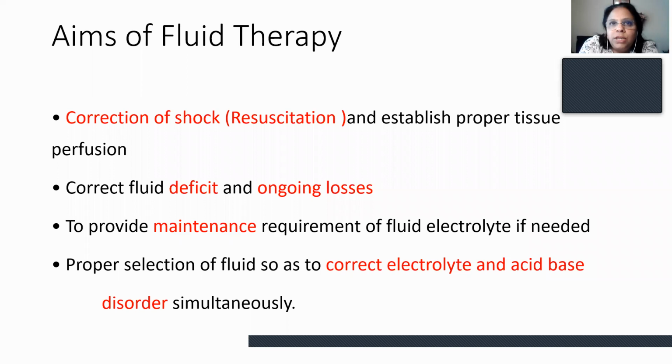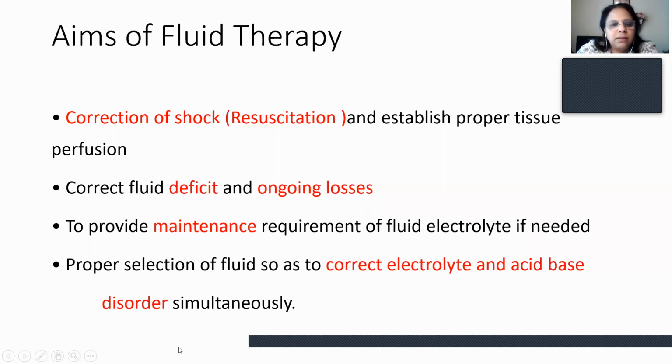Because the cardiac output needs to be maintained. Hope you remember this. The cardiac output determinants are the stroke volume and the heart rate. The stroke volume depends on how nicely the heart contracts and on the volume status, and the volume status is the one that we are handling with the fluids. Hopefully you remember that. Okay, right. So the main reason is the correction of shock status.